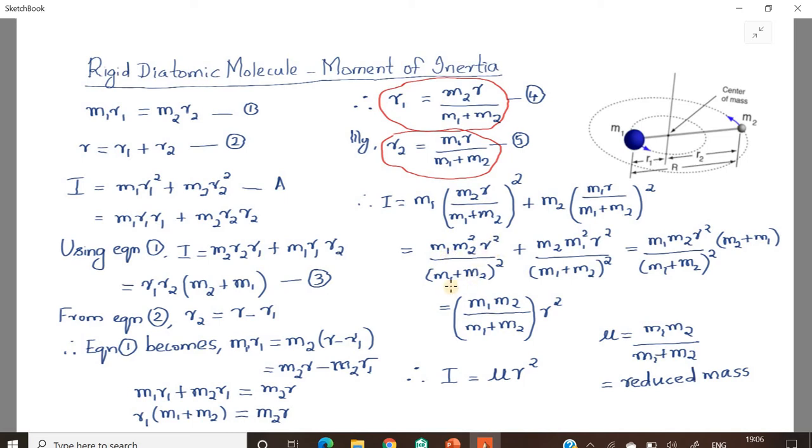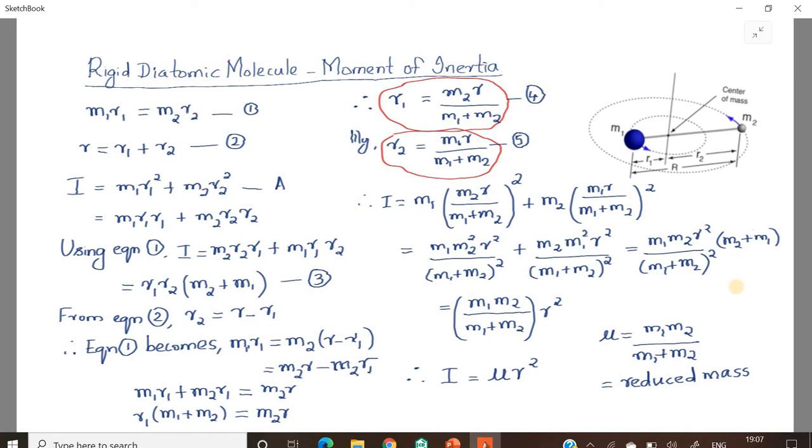M1 M2 square R square by M1 plus M2 the whole square plus M2 M1 square R square by M1 plus M2 the whole square. So here in both terms, M2, M1 and R square are common. So that is equal to M1 M2 R square by M1 plus M2 the whole square into M1 plus M2.